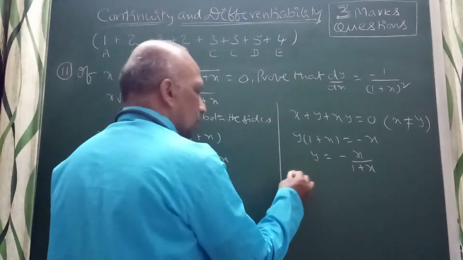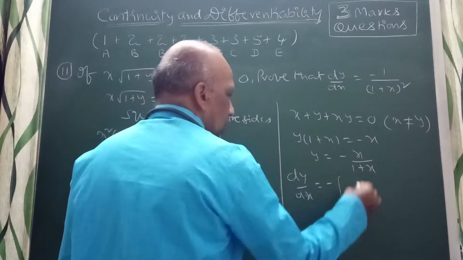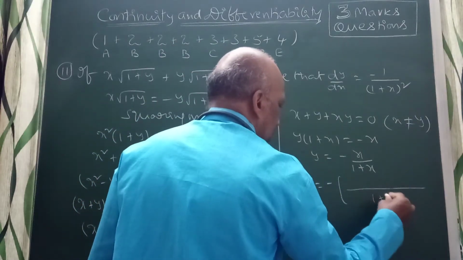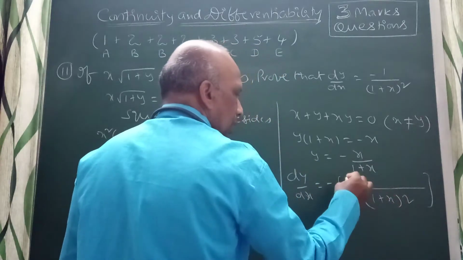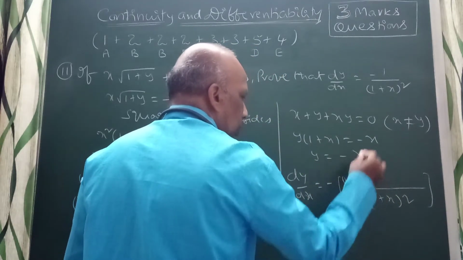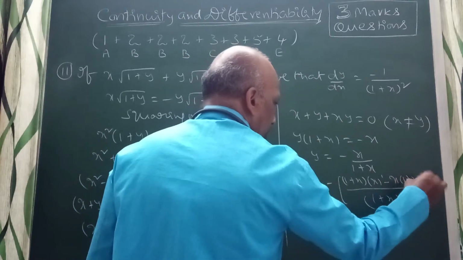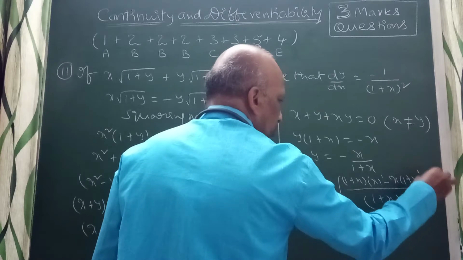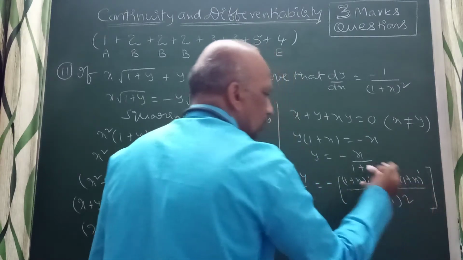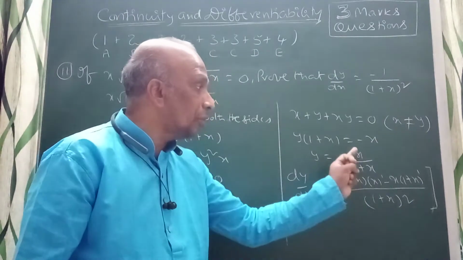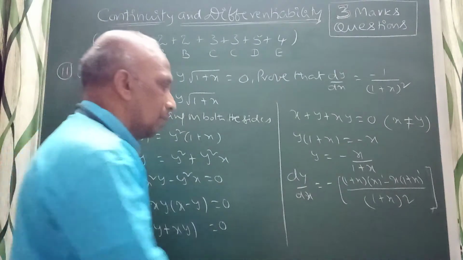Now dy by dx, I use the quotient rule: u by v square, (v derivative of u minus u into derivative of v), with 1 plus x whole square as the denominator, like (1 plus x) into derivative of x minus x into derivative of (1 plus x). This minus I have taken outside.